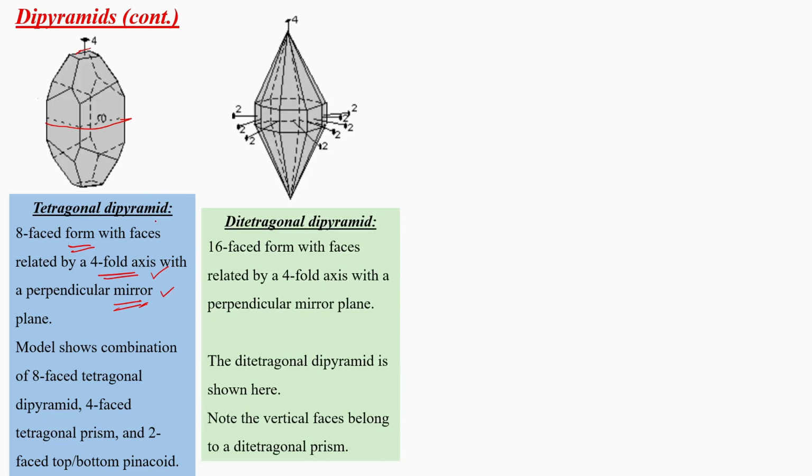Similarly, the name suggests 16 similar faces, and in the same way it should have a four-fold axis and a perpendicular mirror plane. Whenever we say di and tetragonal or trigonal, the same set of symmetry operations will be covered here also.